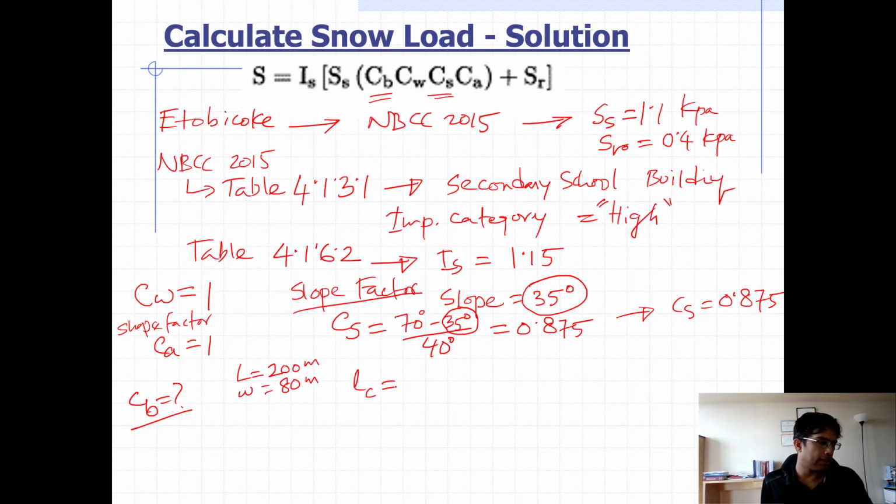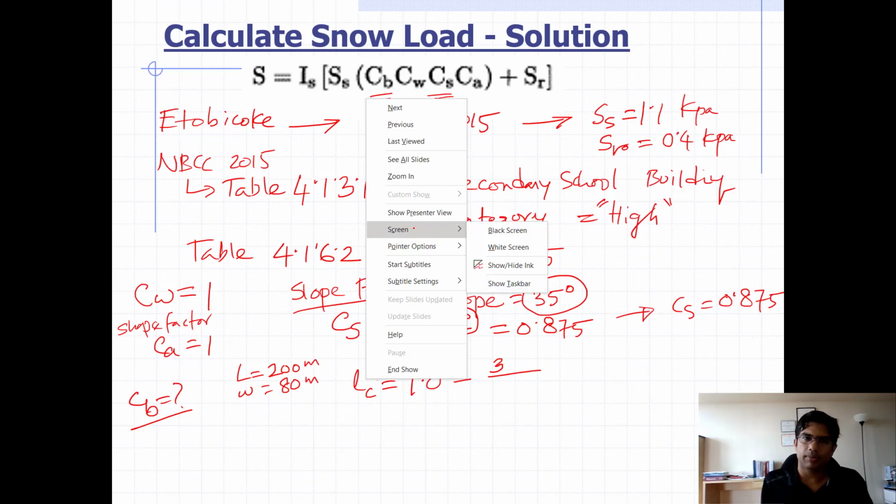The equation is 1.0 minus 30 by... I made a little mistake. This is not L by C, that is CB.